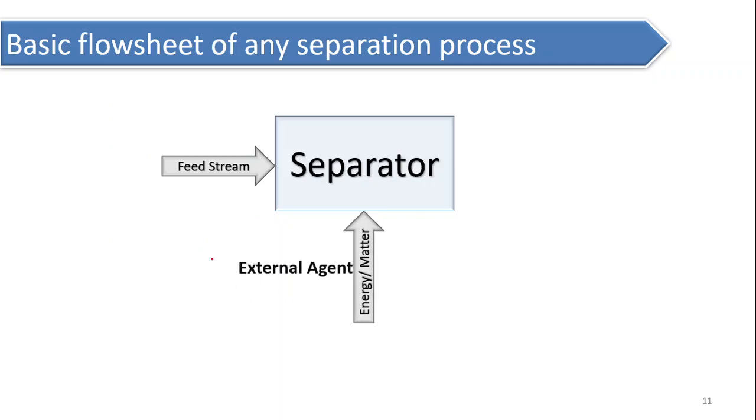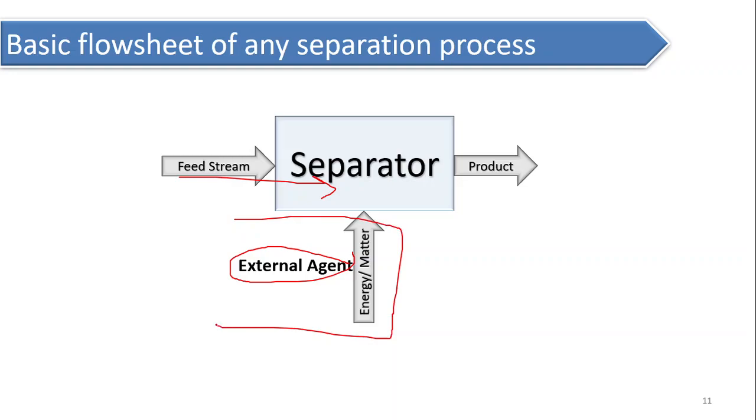With the help of this external agent, the feed stream is separated in the separator, and we can get the different products from the separator. So we need some external agent, in the form of energy or material, for any separator to separate the feed stream. So this is a basic flow sheet.